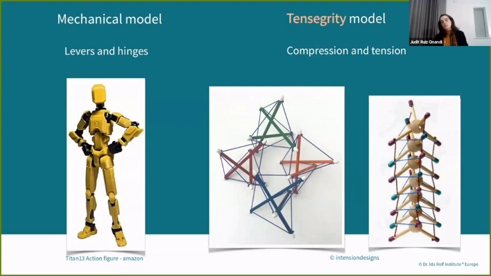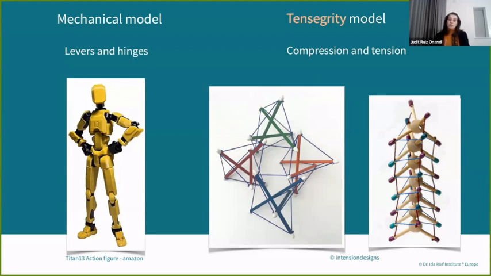If I take into consideration fascia and how everything is connected with everything, I can take it from the point of view of a tensegrity model, which is a tensional integrity model, where there are solid structures like struts that are held in place by these elastic structures. Actually, fascia is also elastic and plastic.